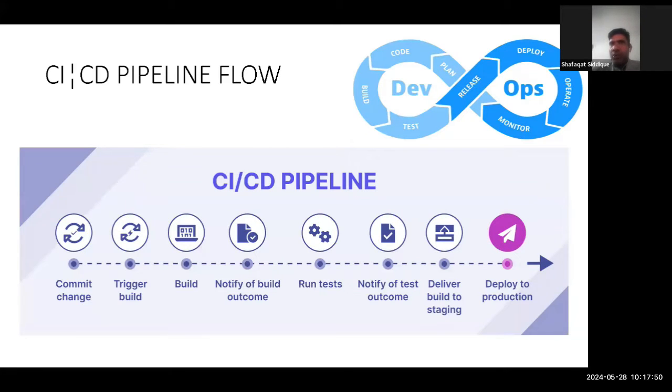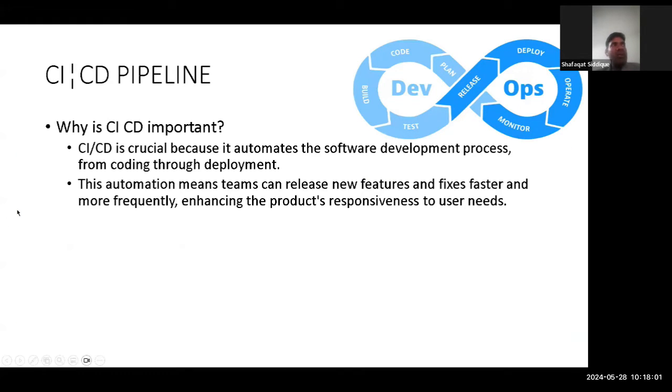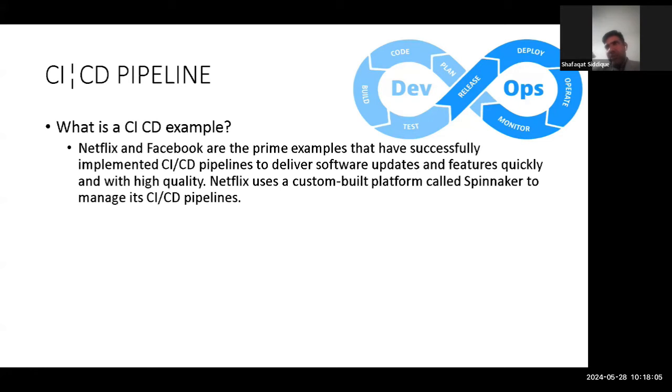Whenever a developer writes some code, it pushes into a registry and commits that code, and then an automated trigger has been built.